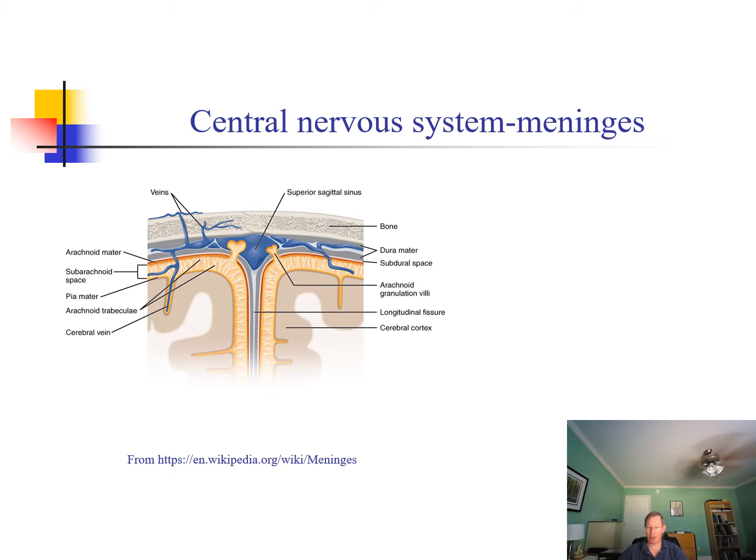Now, I mentioned that the brain and the spinal cord are housed within sort of a fluidic system. That fluid is called the cerebral spinal fluid. But I also have a coating, and that's actually 3 layers thick, of the brain and spinal cord. Collectively, these are called the meninges. And the meninges provide that protection.